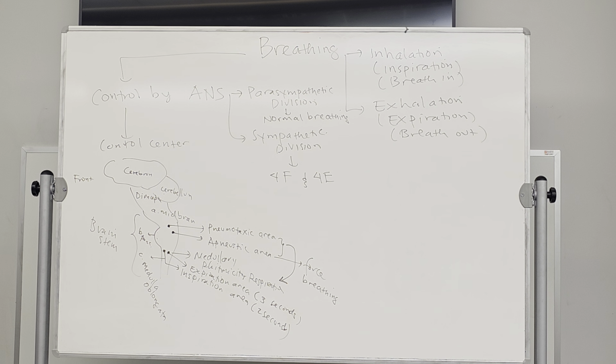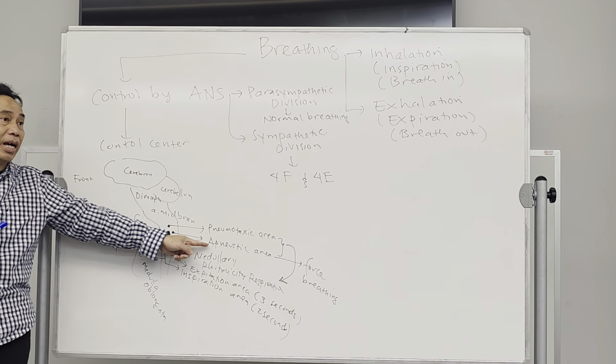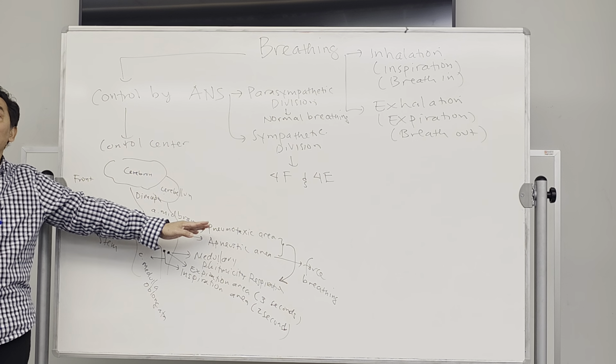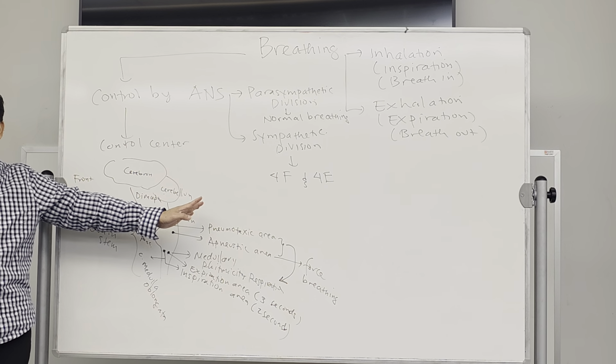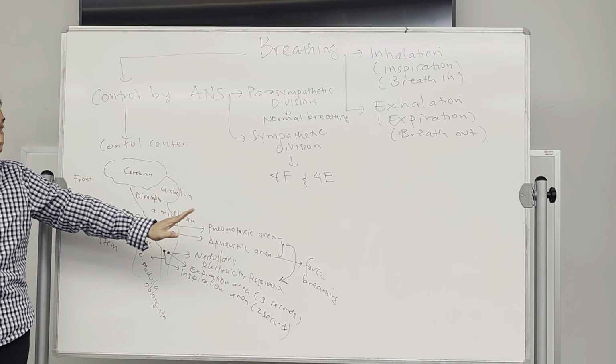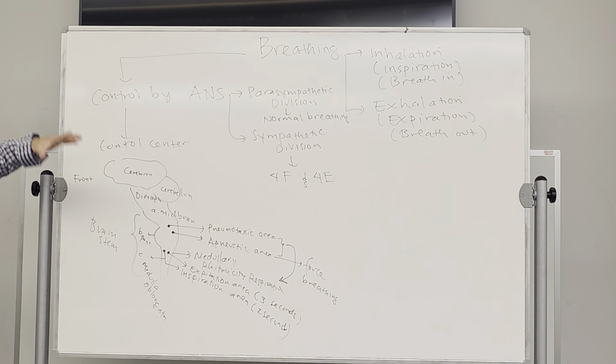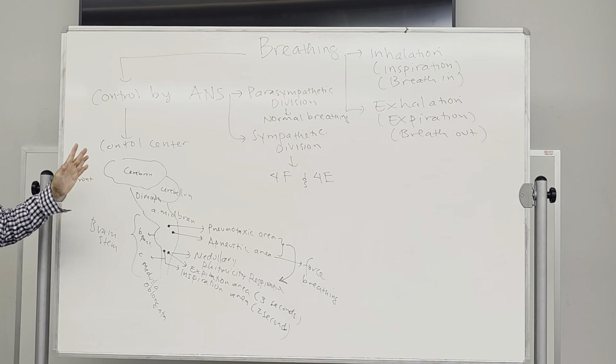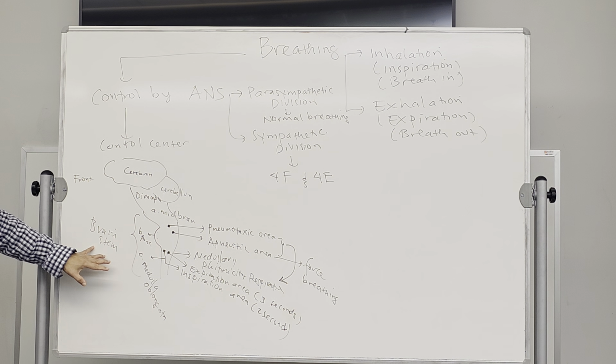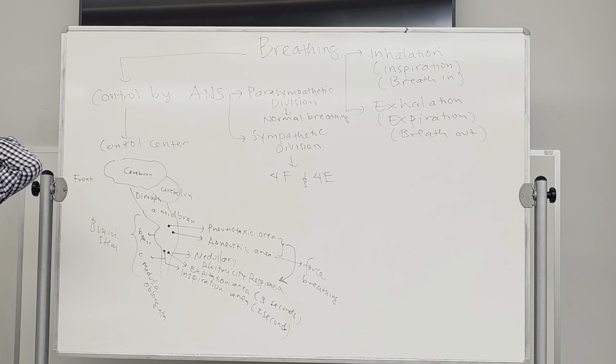That's controlled mostly by this apneustic area, and you're going to have more forced breathing in that condition. So these are the locations of our breathing control, or respiratory center, which is located in the brainstem. This is the reason why the brainstem is a very important organ of the brain. If you hit someone on the back, for example, you might kill him.